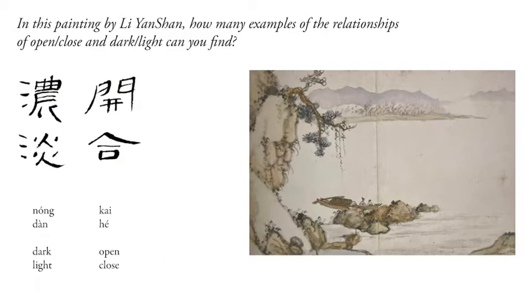Looking at this particular one with boat on water, some rocks, a pine tree, some distant shore, some foreground rocks, where do you find elements that close the composition and ones that open the composition? Where has the artist used darkness or ink to define the composition? Where has that been used in a lighter way?